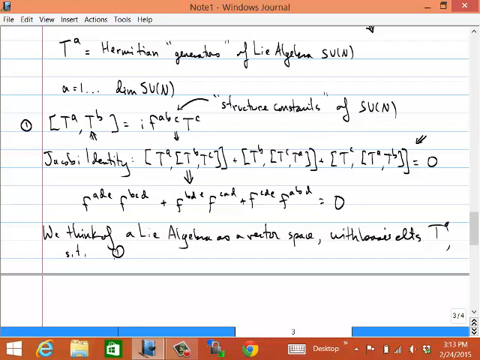The commutator of T^A with T^B is f^{ABC} T^C. And those structure constants are constrained by the fact that they obey a Jacobi identity.